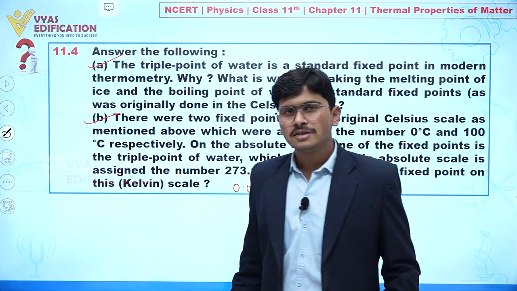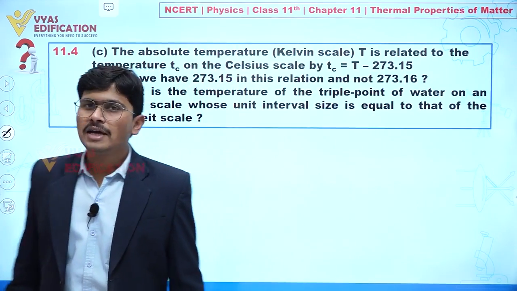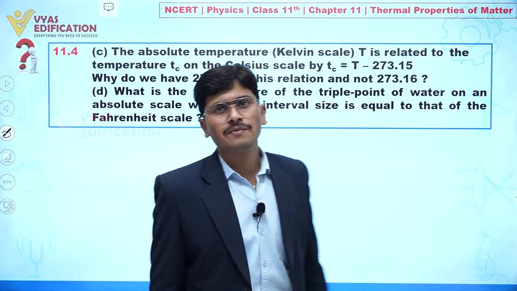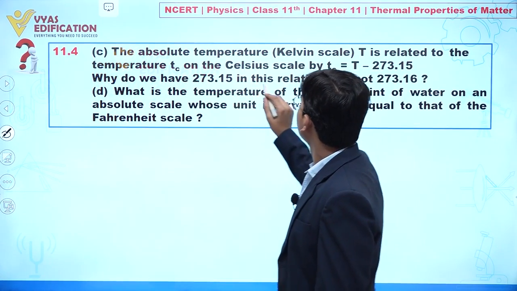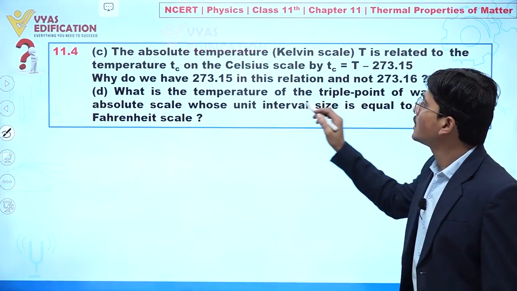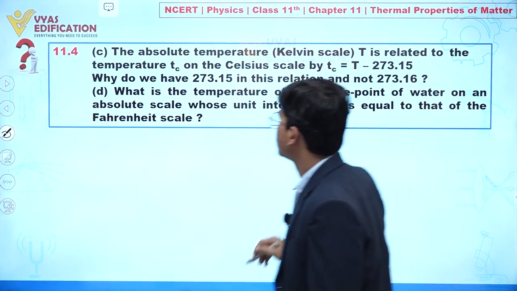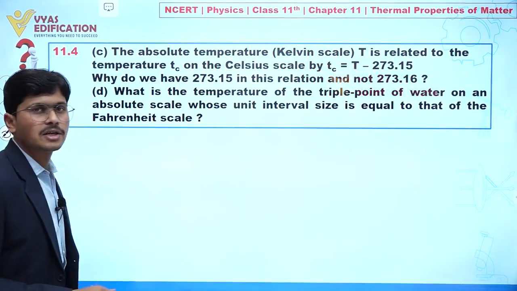Now we are going to discuss part number C of this question. It is given that the absolute temperature T is related to the temperature in Celsius scale by T minus 273.15.